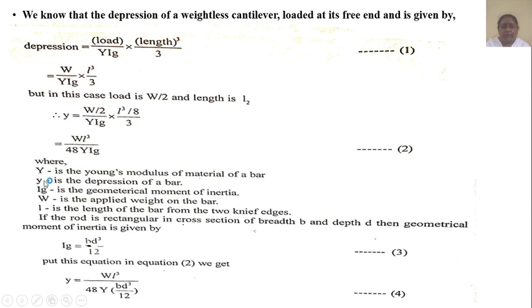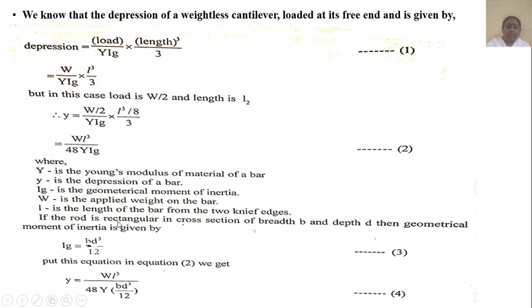So here y equals W into L cube upon 48 Y into Ig, where Y is the Young modulus of the material of the bar and y is the depression of the bar. Here Ig is the geometrical moment of inertia, W is the applied weight on the bar and L is the length of the bar between the two knife edges.